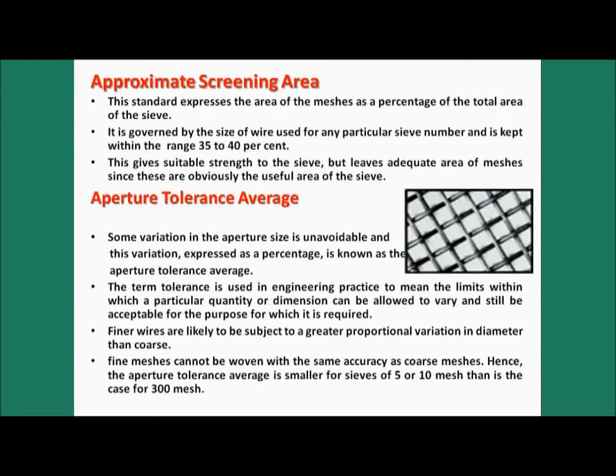Hence aperture tolerance is smaller for sieves of number 5 or 10, because they have bigger or coarse wires, right? Whereas 300 mesh size, or you can say sieve number 125, will have finer wires. So there the variation, or aperture tolerance average, is more, right?